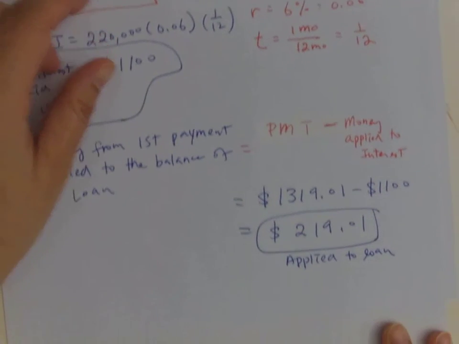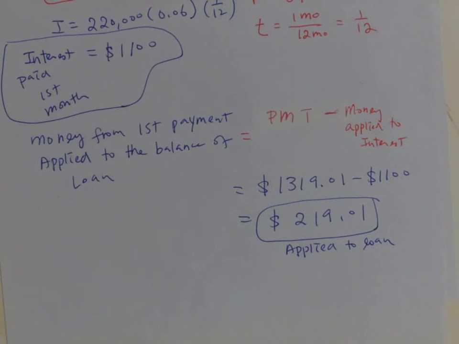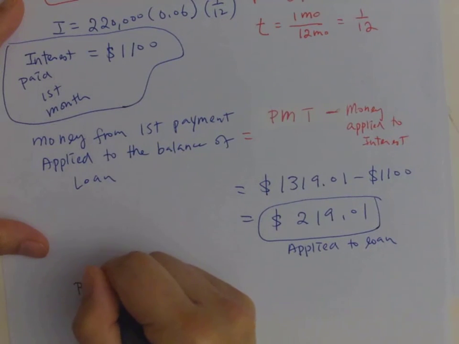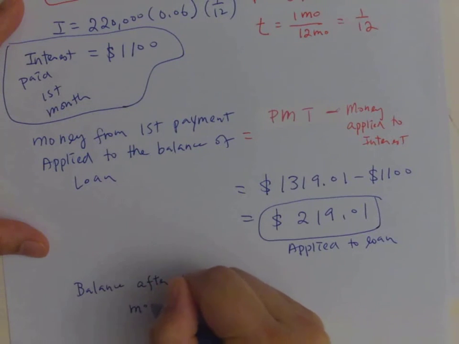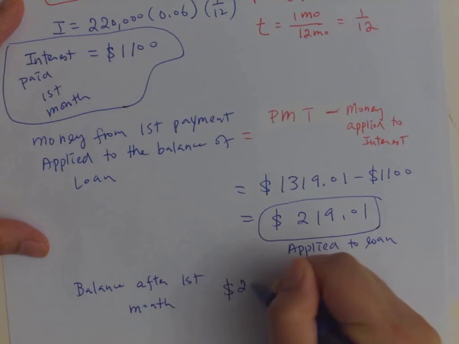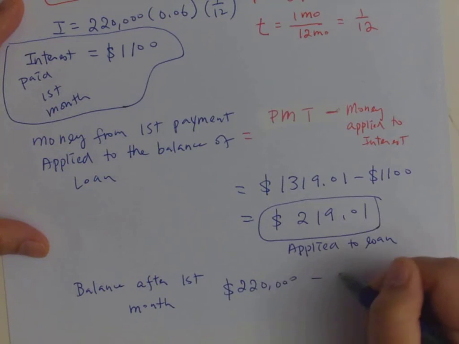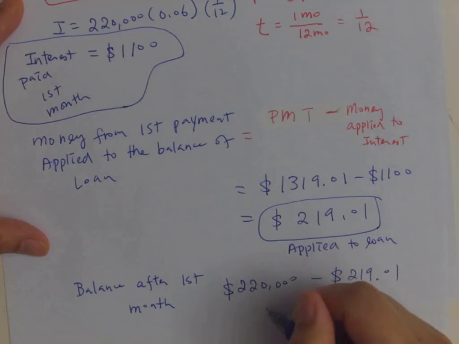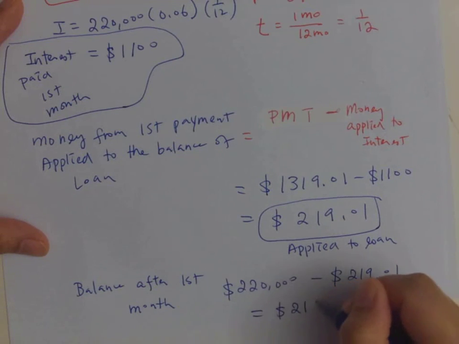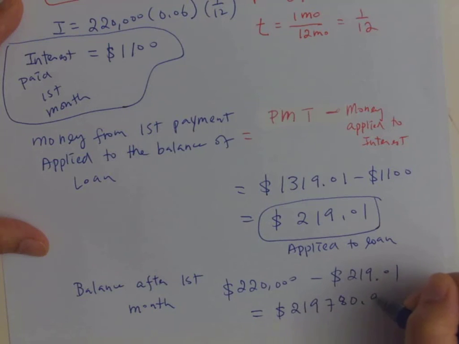After your first payment, you can also figure out your balance after the first month. It's going to be your 220,000 minus the 219.01 that reduced the loan. So very little at the beginning. It goes kind of slow. 220,000 subtracting 219.01, so you still owe them $219,780.99.